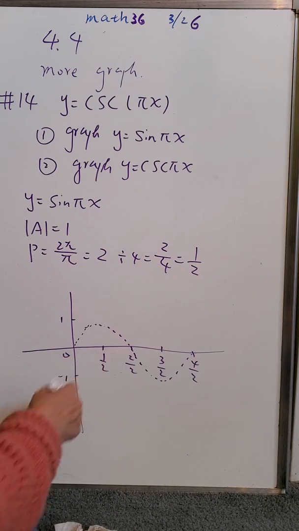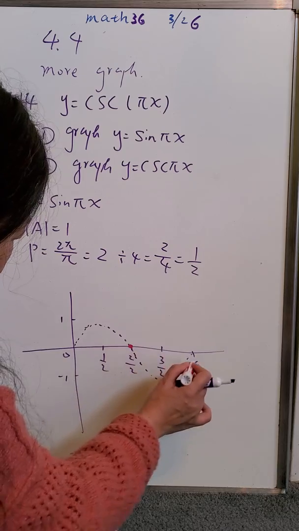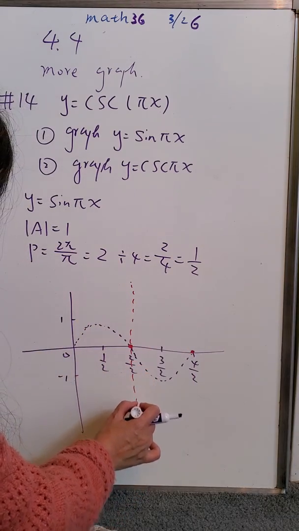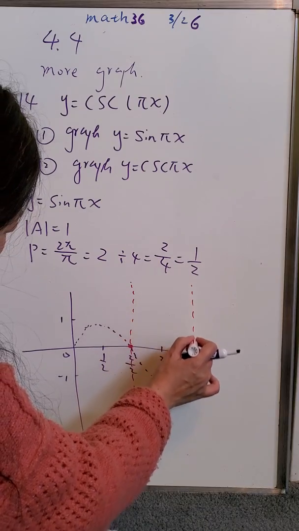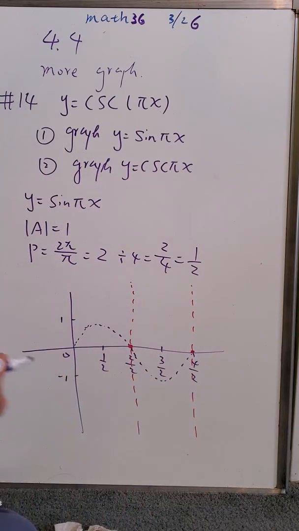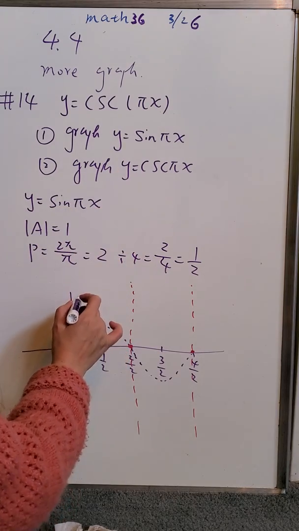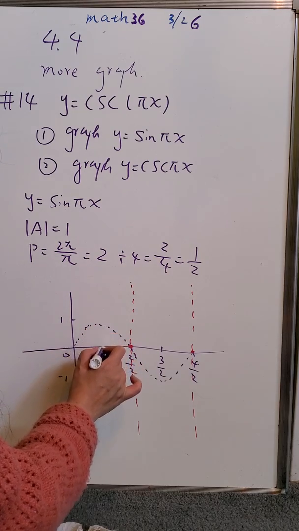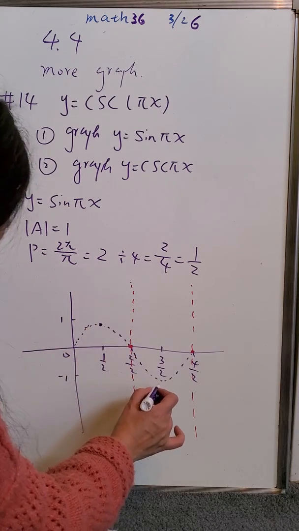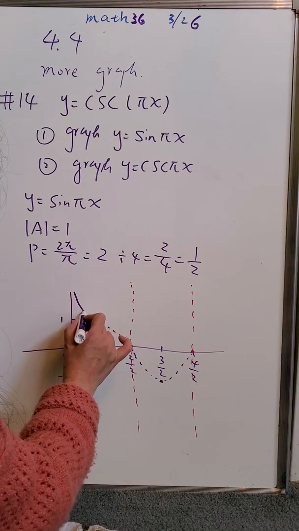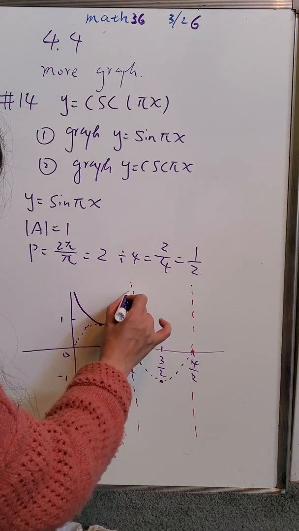Now for all the intercept points, you're going to draw a vertical line. And then you just need to graph this one. To graph this one, you basically use the highest point here and the lowest point here, and then you just graph it.